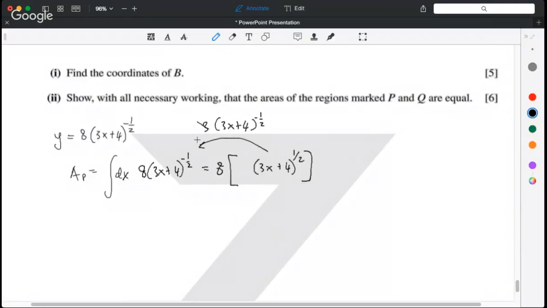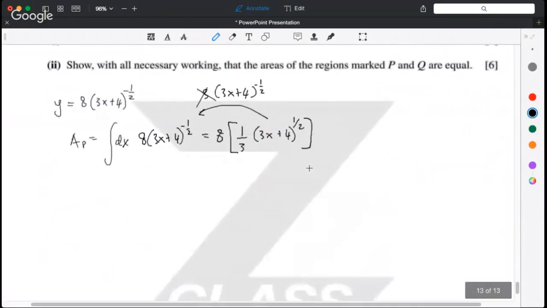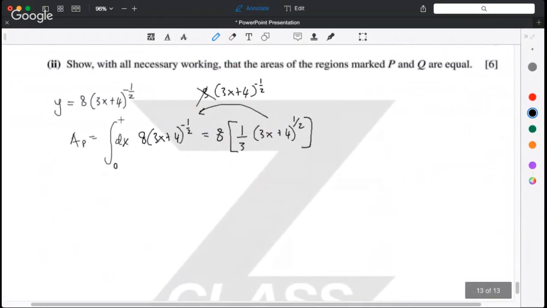So I need to get rid of that 3 by dividing by 3 here. And the limits that I'm evaluating between are 0 to 4. And that's equal to 32 over 3.